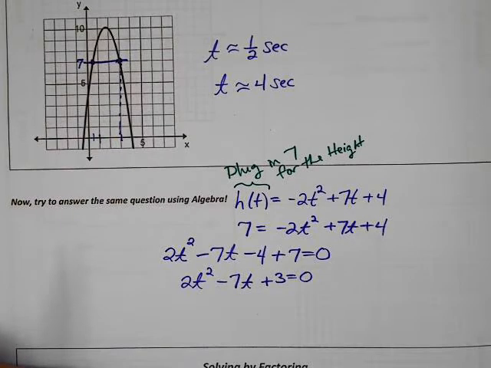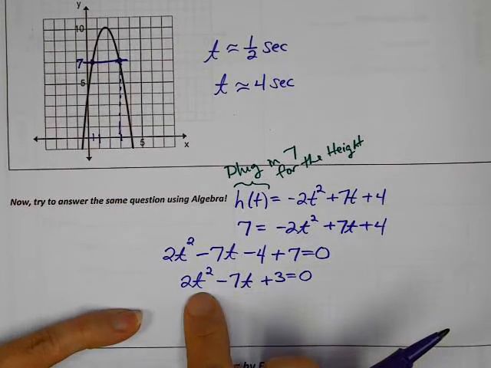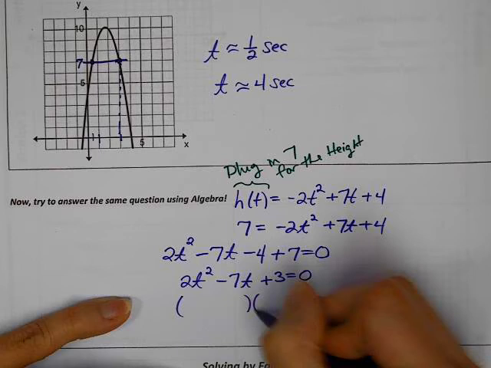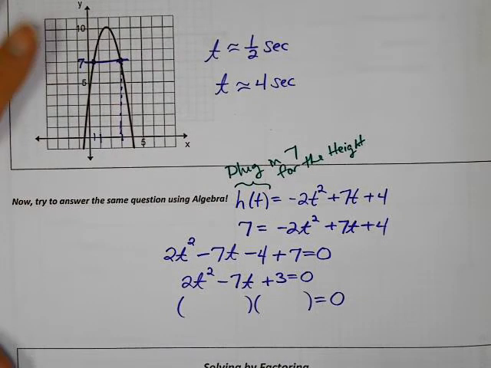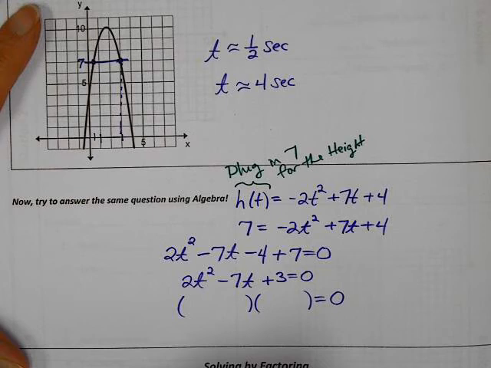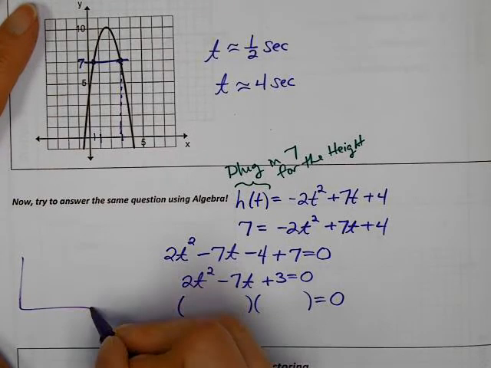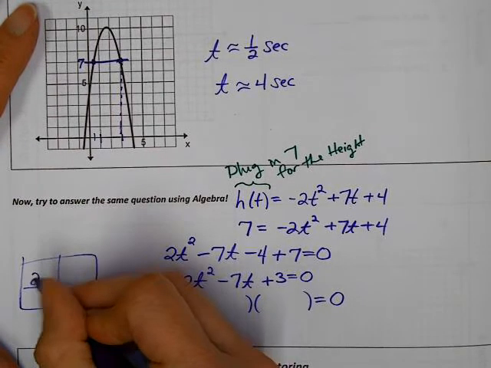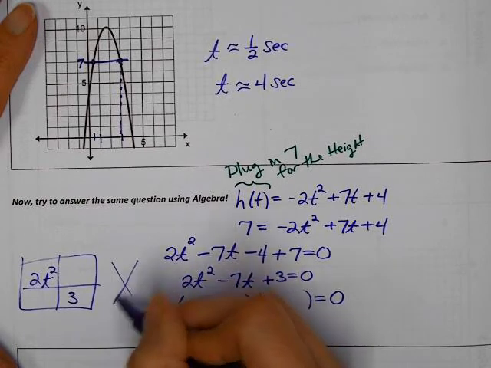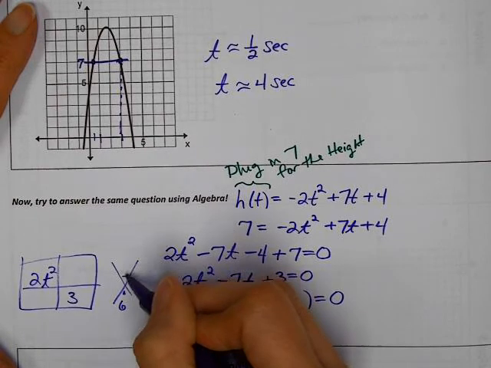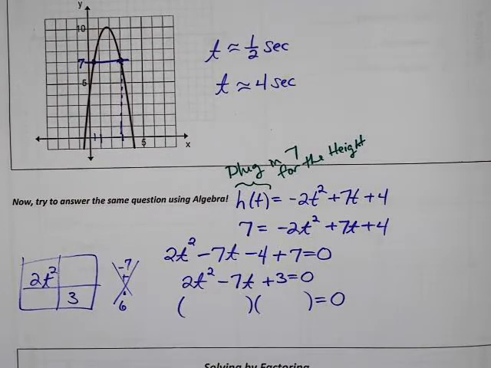When I'm solving a quadratic equation, I know that I need to factor, and it has to equal 0. So let's work on our factoring skills a little bit here. If I make the box and I put 2t squared and 3, the multiply number is 6, but the add number is negative 7.